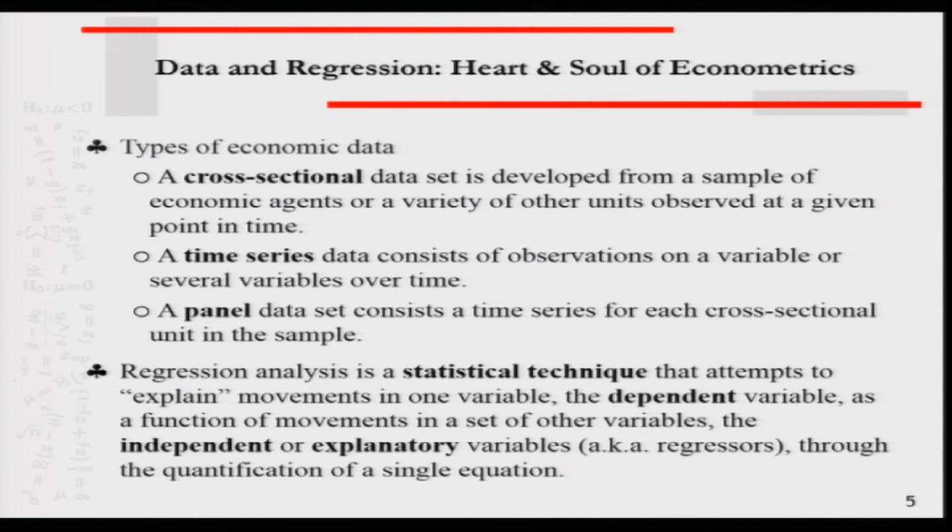Now, if I want to link this bookish definition to real life, we can do it through an example. We have spoken about the consumption function. You can say that household consumption expenditure could be your dependent variable y. You want to explain the variation in that dependent variable y, so what could be the explanatory variables?